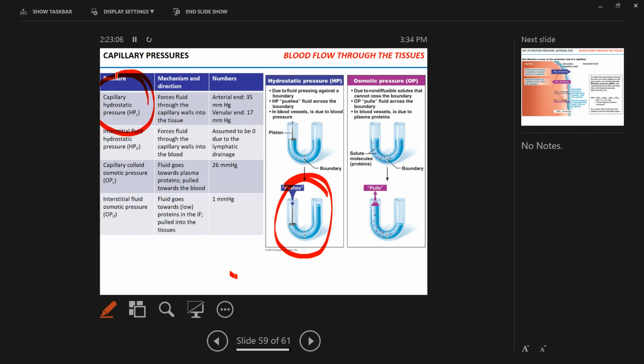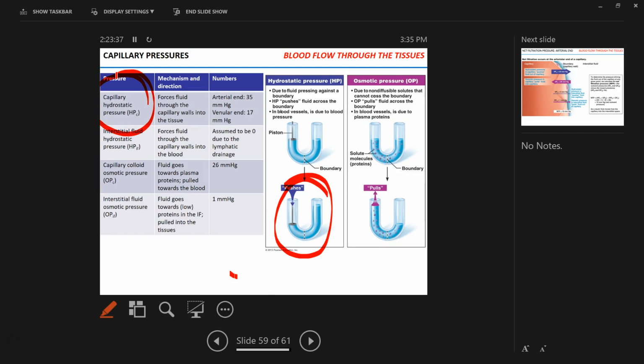Capillary hydrostatic pressure. It's the pressure of blood inside of the capillary. Do I make sense? Pressure of blood inside the capillary. Where does it push fluid to? Say again? Perfect, to the tissues. From the capillary to the tissues. Do I make sense?